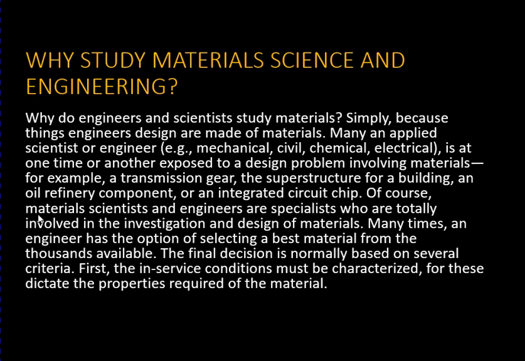Of course, material scientists and engineers are specialists who are totally involved in the investigation and design of materials. Many times, an engineer has the option of selecting the best material from the thousands available. Which simply means that for any engineering design, you need the best material, the one that has the properties that fit into that particular system. So you have to choose the best among all the options that you have, the best that can fit into the system.